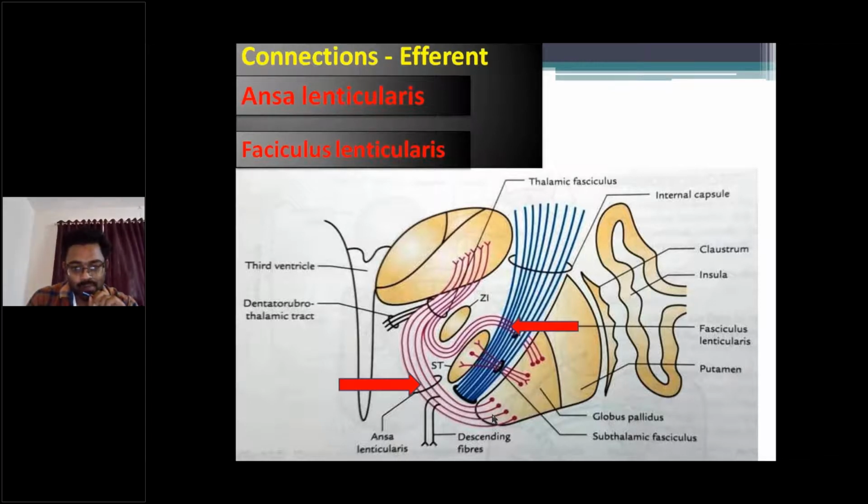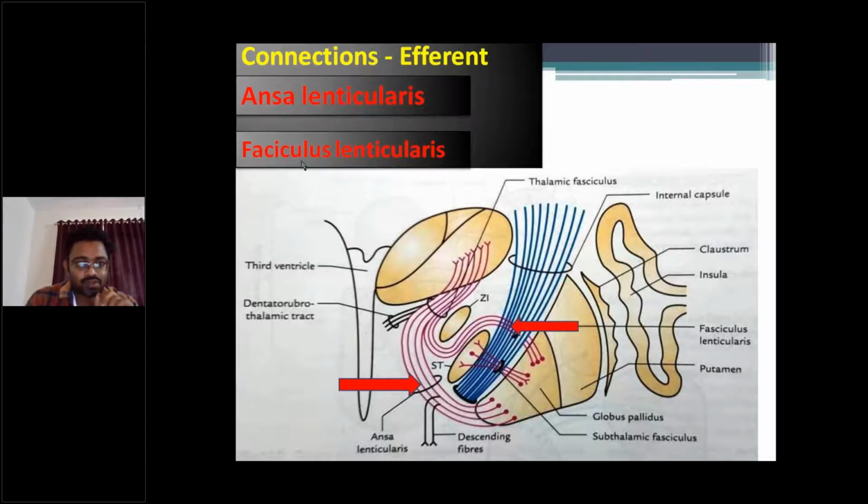So ansa lenticularis passes around the posterior limb of internal capsule.